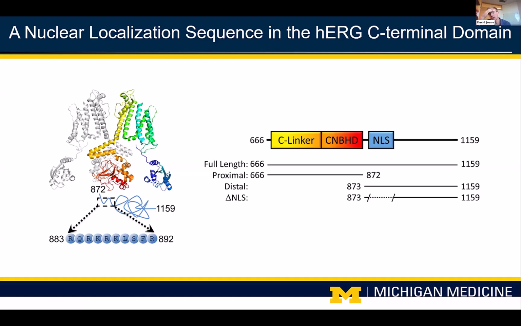So we reached out to a colleague of mine, Matt Trudeau, who's had a very successful career looking at the interactions between the N and C termini of hERG using FRET. He has all sorts of truncates of the channel that are fused with citrines and CFPs and YFPs and all the fun stuff. I told him what we were doing.